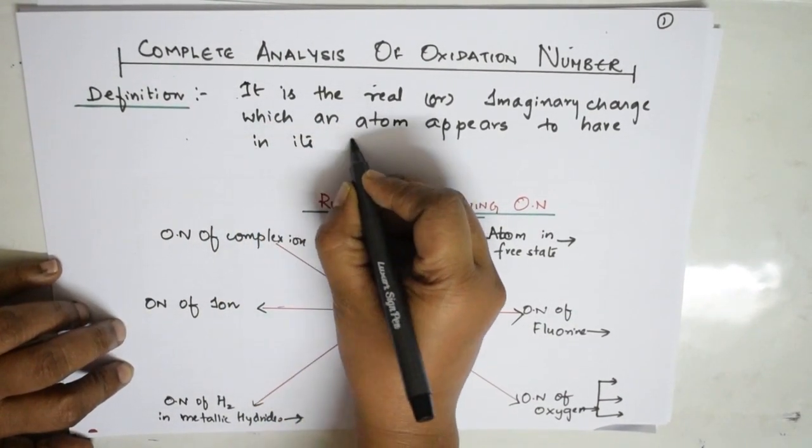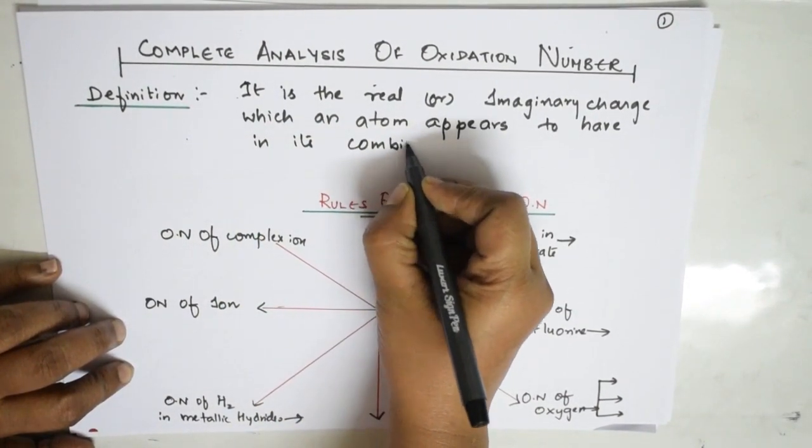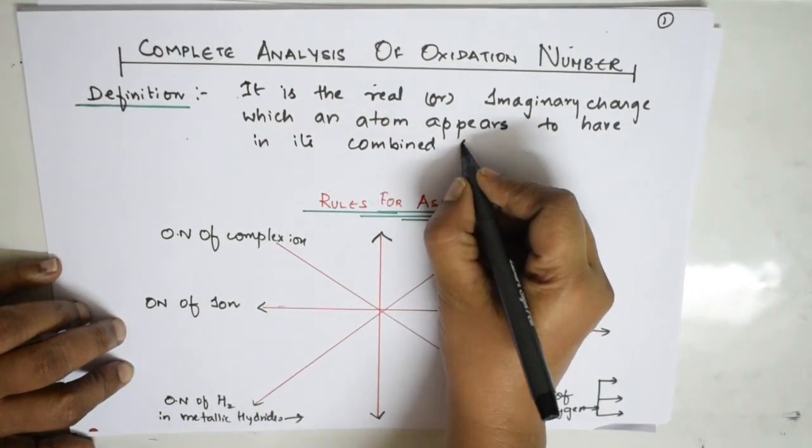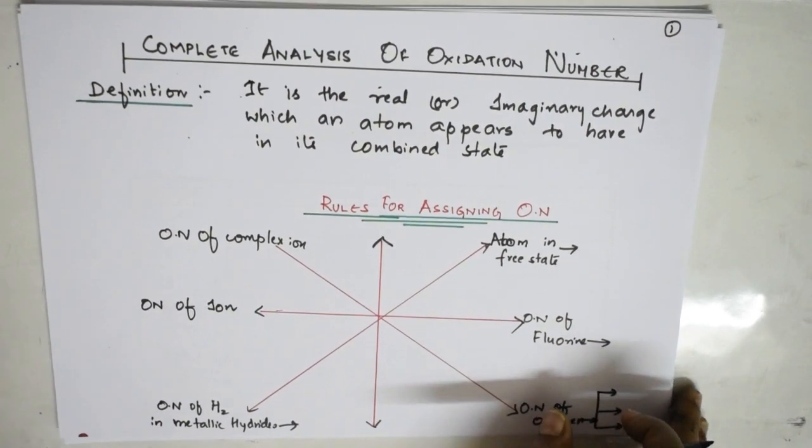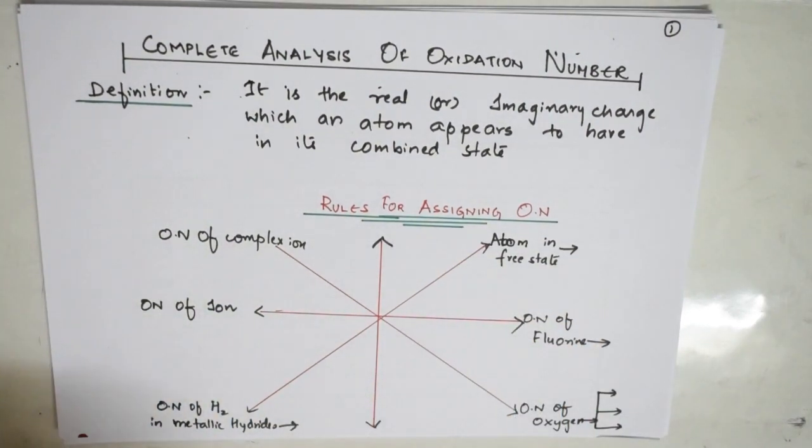So whenever an atom is together in a combined state, that is forming a molecule, it will have a charge on it, and that charge is what is called the oxidation number.